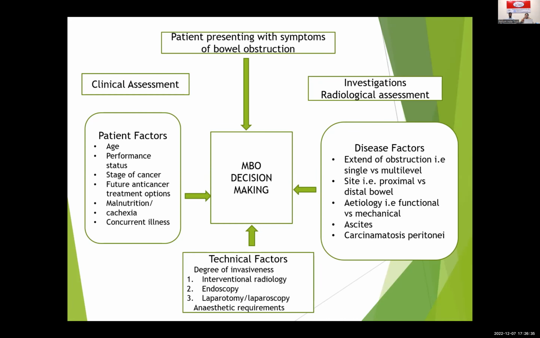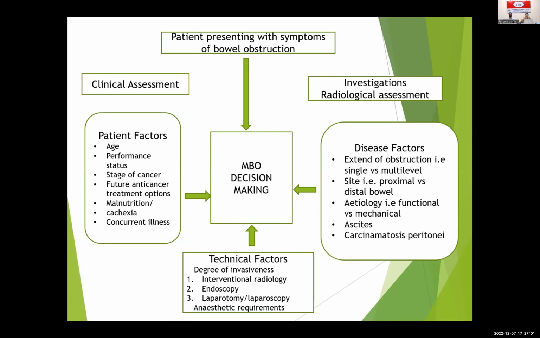At what stage the patient is presenting with intestinal obstruction, the stage of cancer that you have to see. The future anti-cancer treatment options that is available, or what are they planning to do for this patient in this stage? Is there any malnutrition, or is there any cachexia or concurrent illnesses? So these are the patient factors that you have to keep in mind.